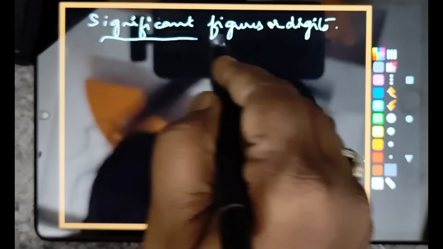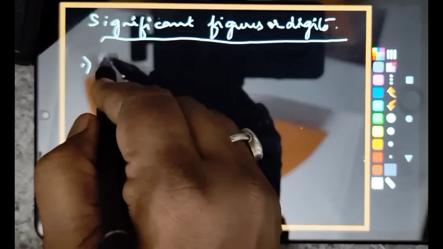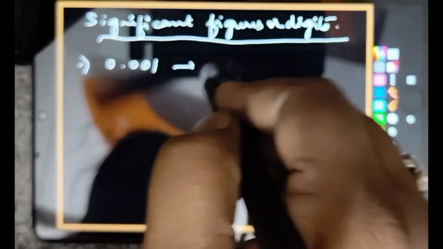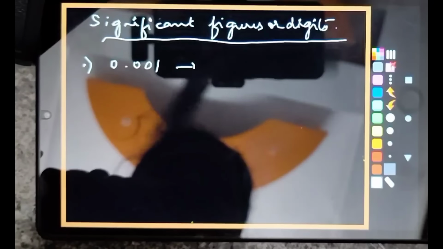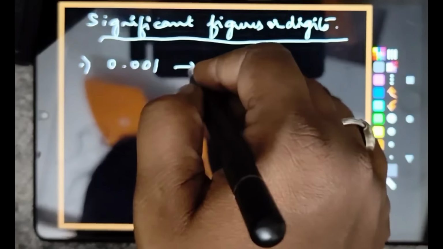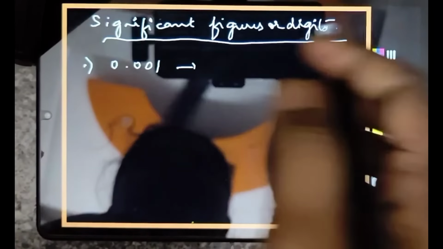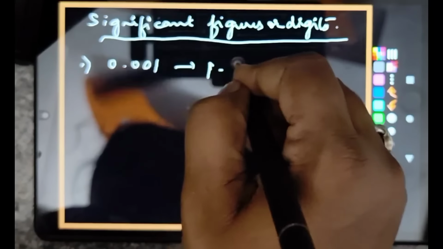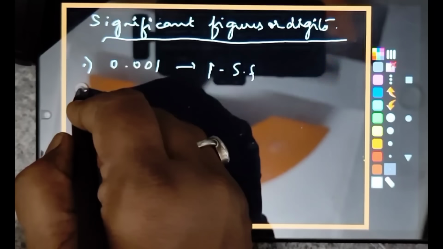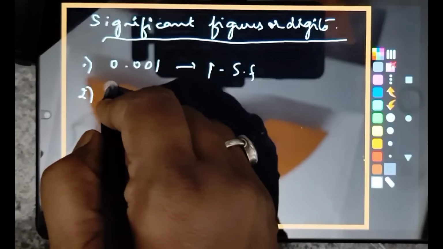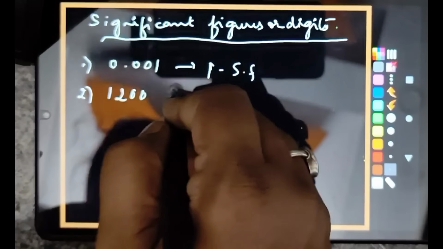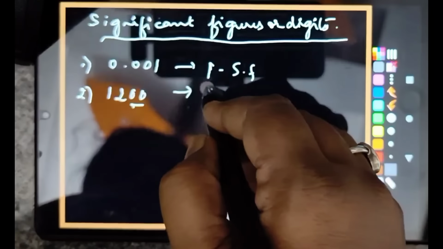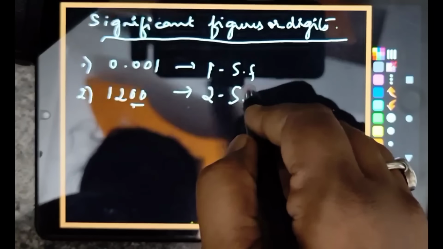For example, 0.001. How many significant figures are there? 0.001 has one significant figure. Then if the number is 1200, these two zeros are not significant, hence it has two significant figures.